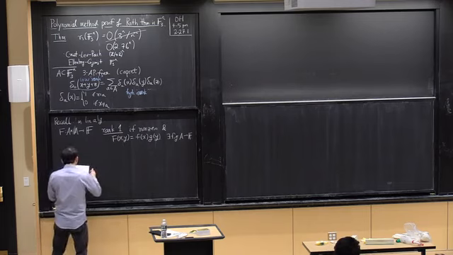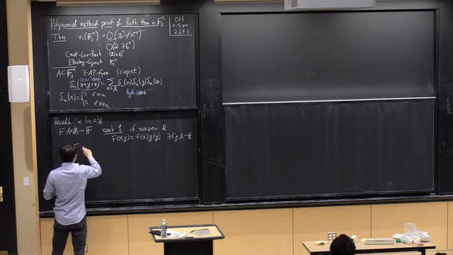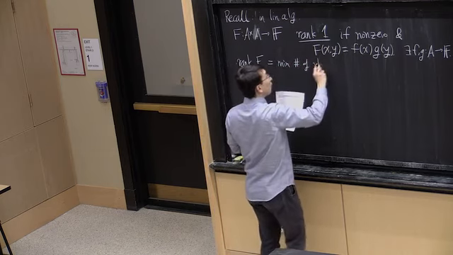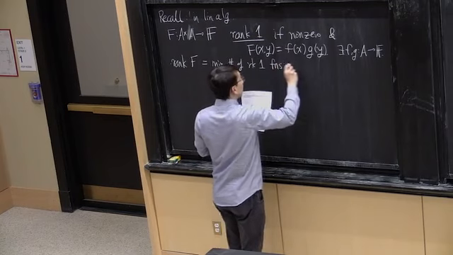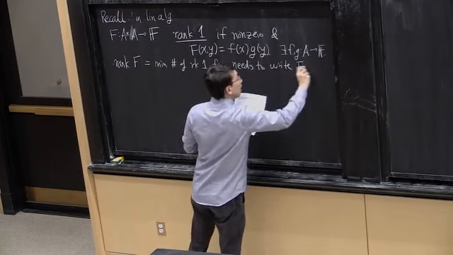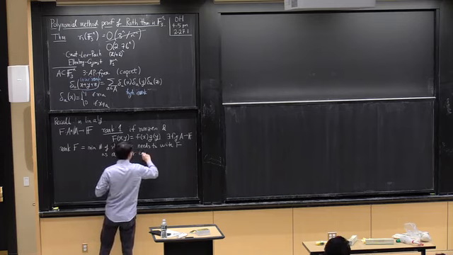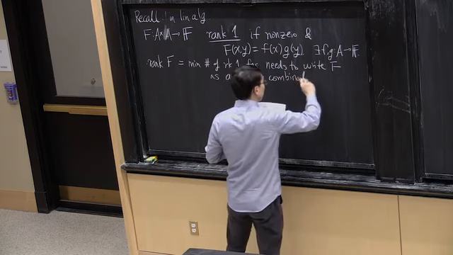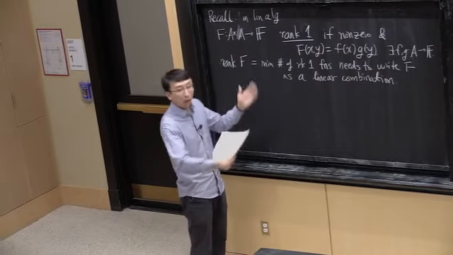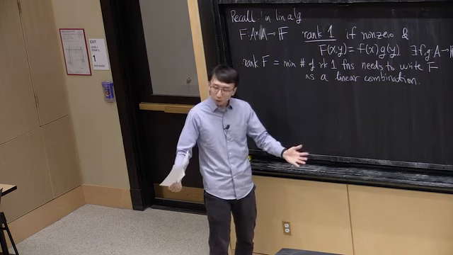And to say that something is of a specific rank, the rank of f is defined to be the minimum number of rank 1 functions needed to write f as a sum or a linear combination. So if you add up R rank 1 functions, then you get something that's at most rank R. Okay, so that's the basic definition of rank from linear algebra.